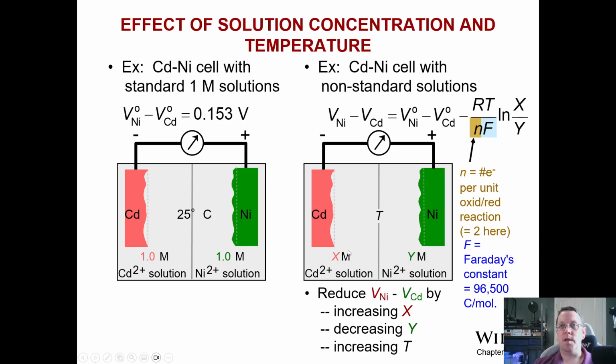So if we overload this side, or if we decrease the cathodic side concentration of ions, that's going to reduce the ability for us to move the electrons and actually plate this cathode on the surface. So there's a couple different factors that go on there.